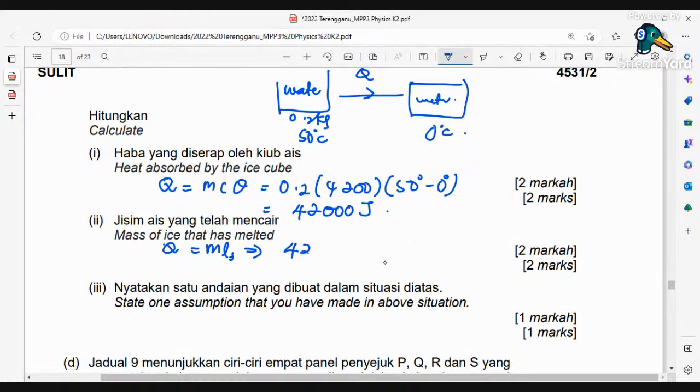Thus, heat released by water equals 42,000 equals mass of ice melted times latent heat of fusion of ice. Okay. So we get the value of mass equals 42,000 divided by 3.34 times 10 power 5, equals 0.1257 kilogram.